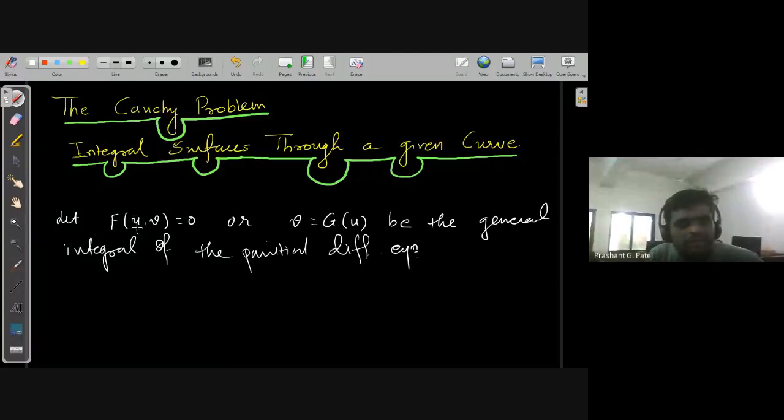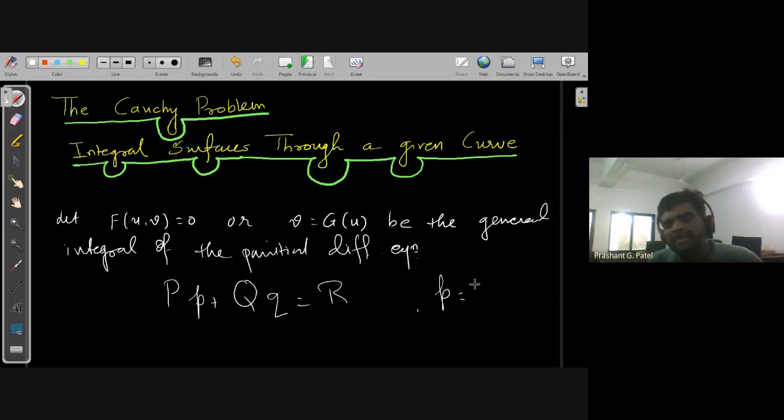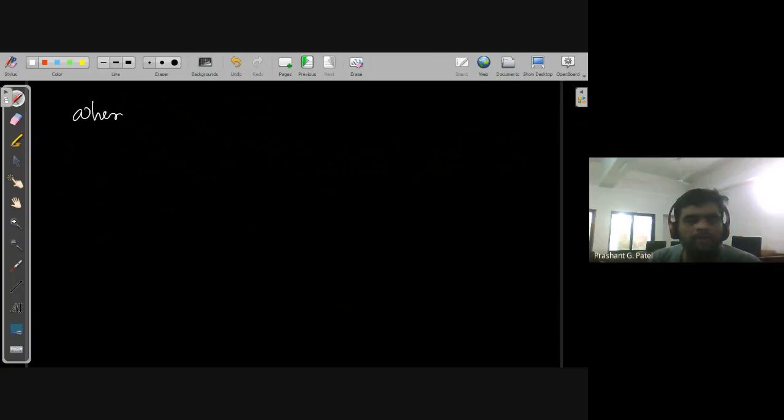So for that, I am considering f of u, v equal to 0, or v equal to g of u, be the general integral of the partial differential equation, that is P into small p plus Q into small q is equal to R, where p is del z by del x and q is del z by del y, where this f is an arbitrary function of u and v.